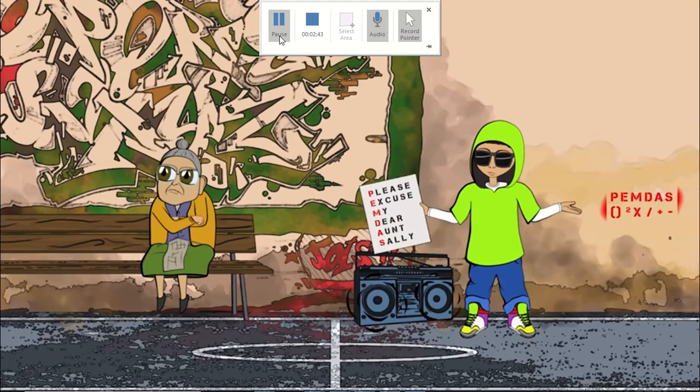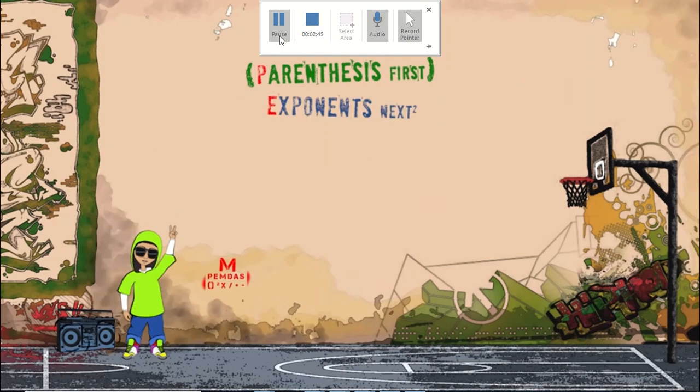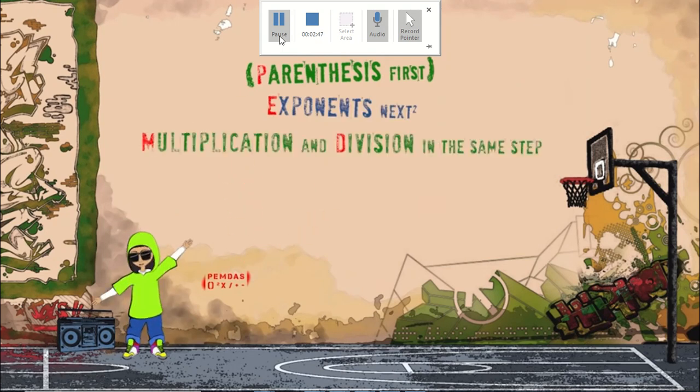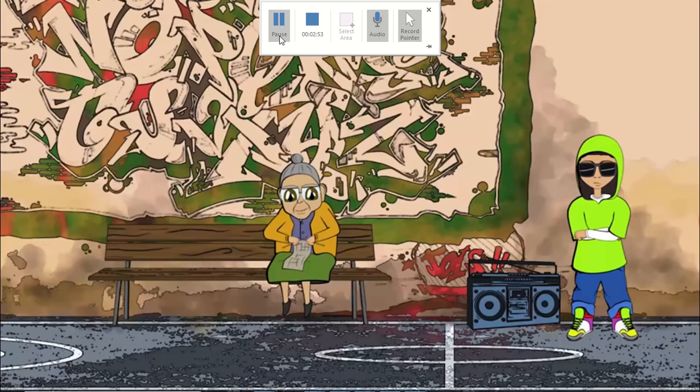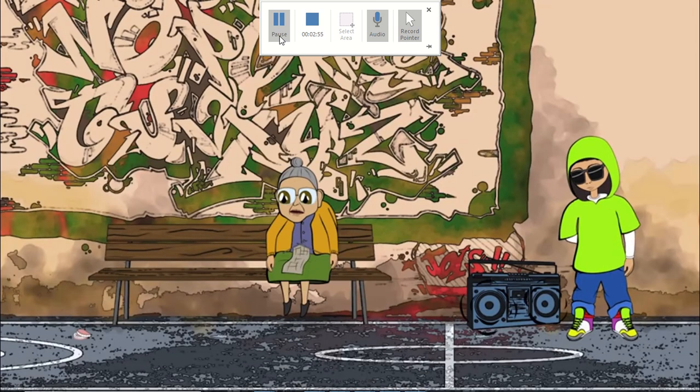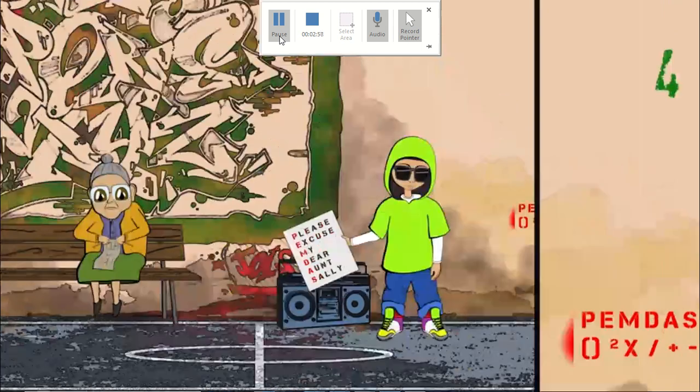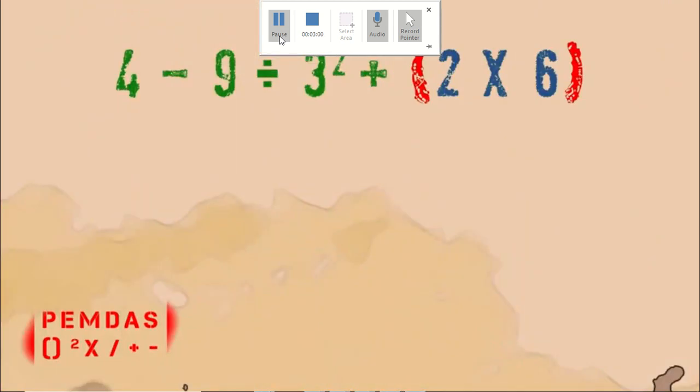Parentheses first, 2 times 6, the product's 12, put it back in the mix.